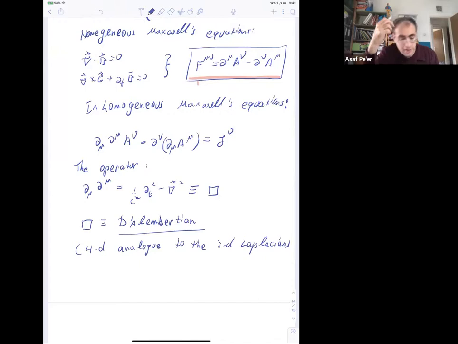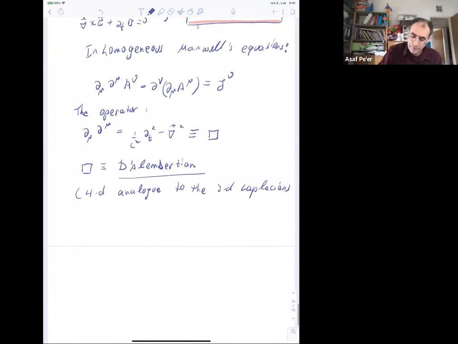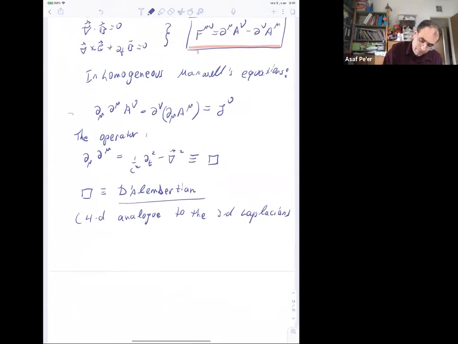Using this notation, we get that the d'Alembertian of A^ν minus ∂^ν ∂_μ A^μ is equal to J^ν.